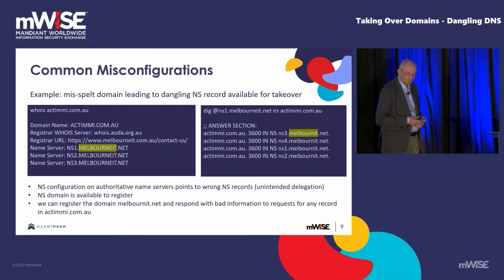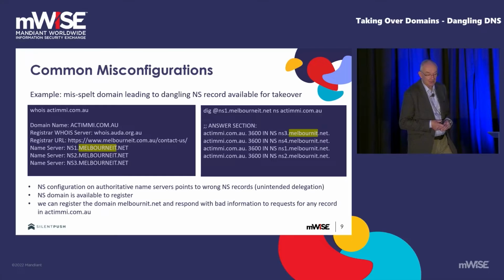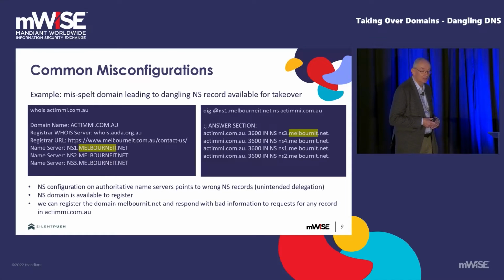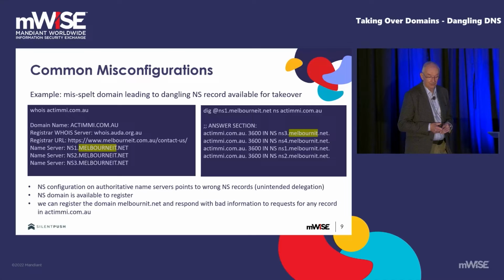And that's fine. So then what we can do is go to any one of those name servers and ask, what are the name servers for this domain? And when we do that, we get NS1, 2, 3, 4, melbourneIT.net. But they forgot that Melbourne is spelled with an E, so they didn't put it in.